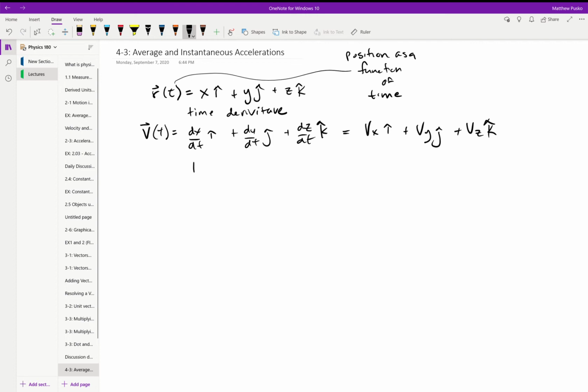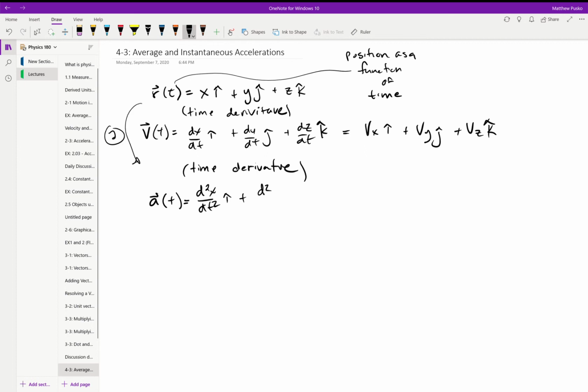Well, let's take one more time derivative. If I did so, we get the acceleration as a function of time. So that would be the second derivative of x with respect to time, if it was two derivatives, right?